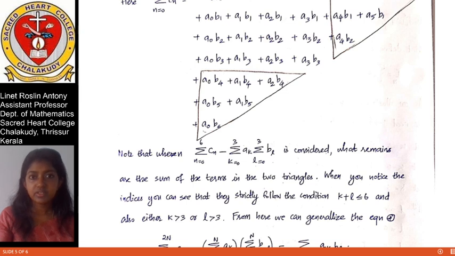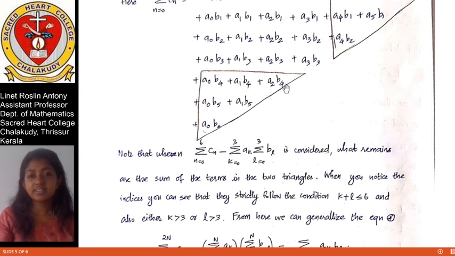So when we look at the terms, you can see the indices of A_K and B_L, K and L. Here 0 plus 4 is equal to 4, 1 plus 4 is equal to 5, 2 plus 4 is equal to 6, here 5, here 6, here 6, here 4, here 5, here 6, here 5, here 6, here 6.